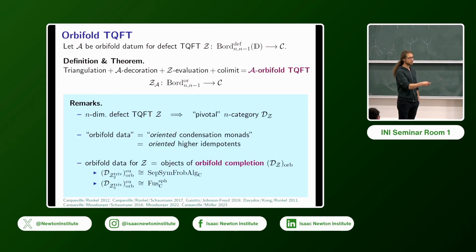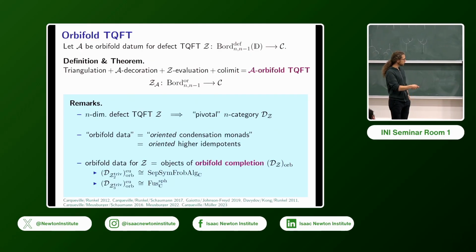If this higher category happens to be the delooping of Vect, so BVect, meaning the two-category with precisely one object, one-morphisms are finite dimensional vector spaces and two-morphisms are linear maps, then the whole construction tells you it's delta-separable symmetric Frobenius algebras as objects, bimodules as one-morphisms and bimodule maps as two-morphisms.